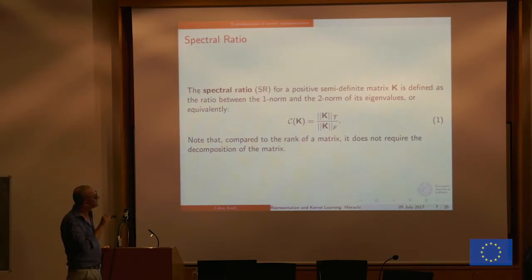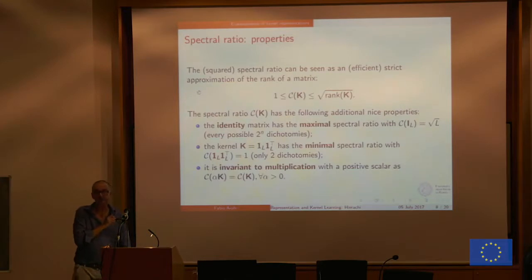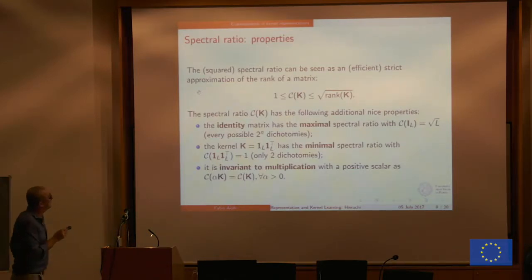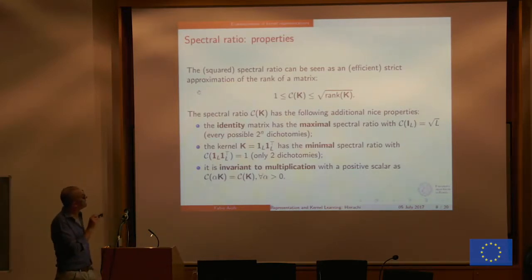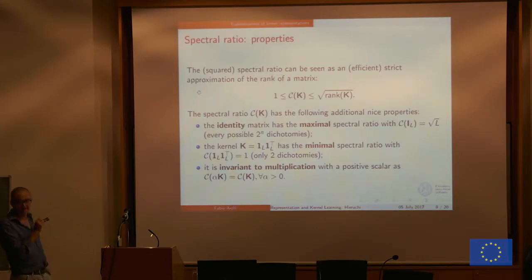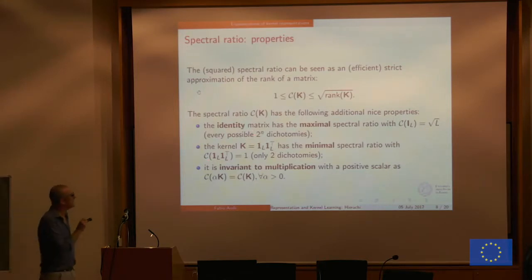So basically, this ratio represents an approximation of the rank. And why is this the case? Because you can show that this ratio is always less than the square root of the rank, and it's always greater than 1.